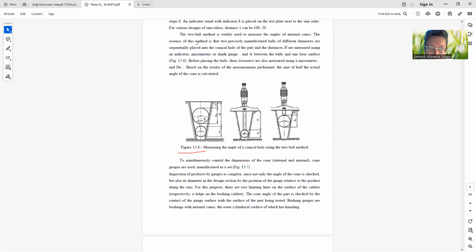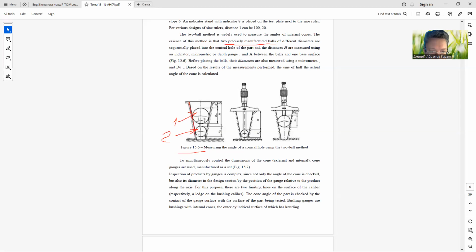So, the essence of this method is two precisely manufactured balls. It's the first ball and second ball of different diameters, sequentially placed into the conical hole.